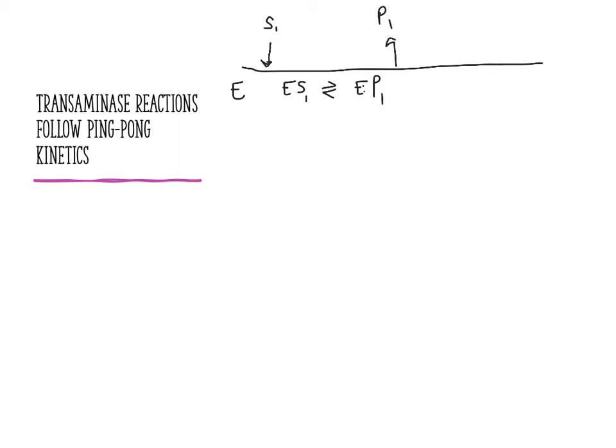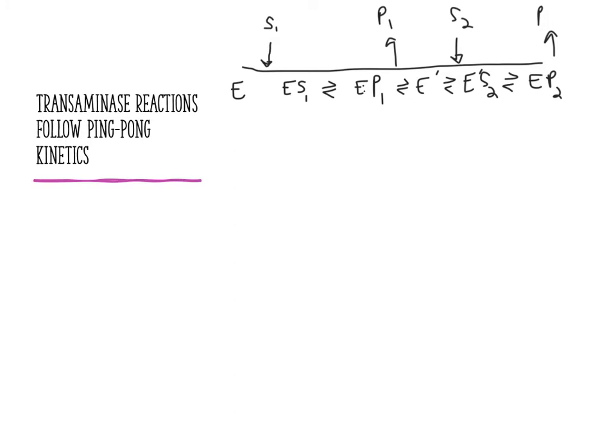So substrate 1 comes in, product 1 is made, and then you're left with an altered E, and then S2 comes in, and you get enzyme that's been altered, bound to S2, the reaction happens, and you get E, product 2, and product 2 then leaves.